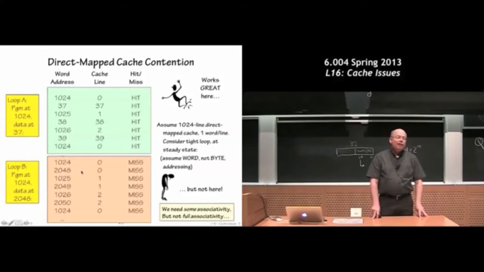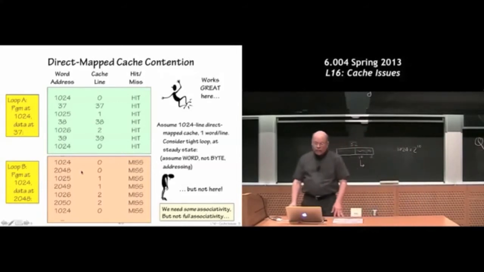If I'm in a loop, they're going to play bumper cars all the time. The data will push out the instruction, and the instruction will push out the data. So we have a pattern that goes instruction, data, instruction, data, and every time I'm kicking out the one I'm going to want next. So this is what's called a collision problem.